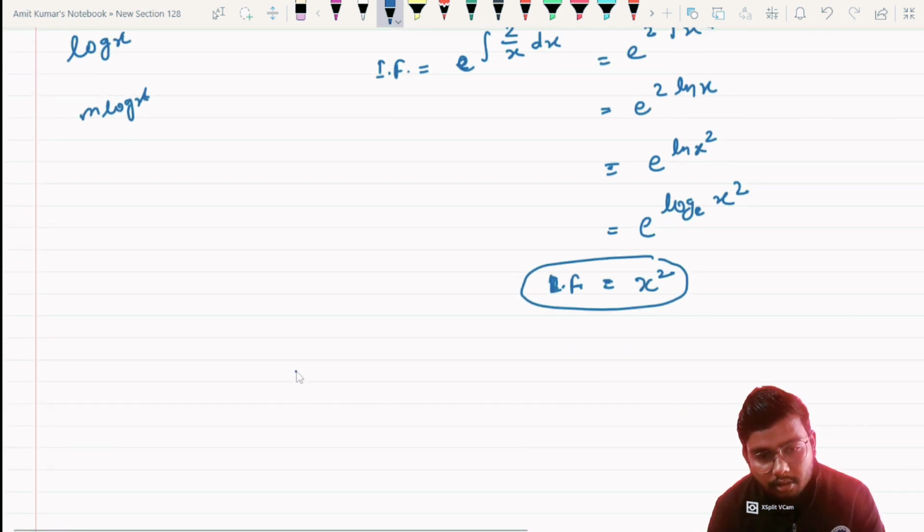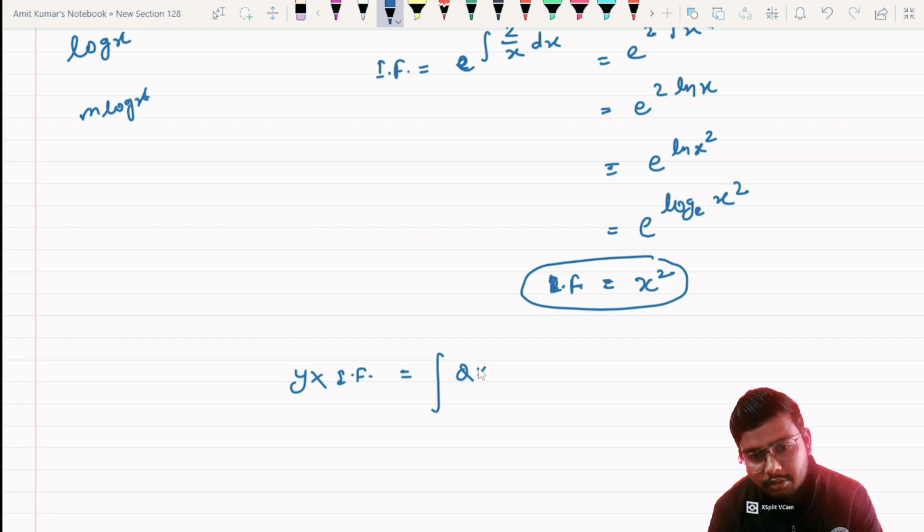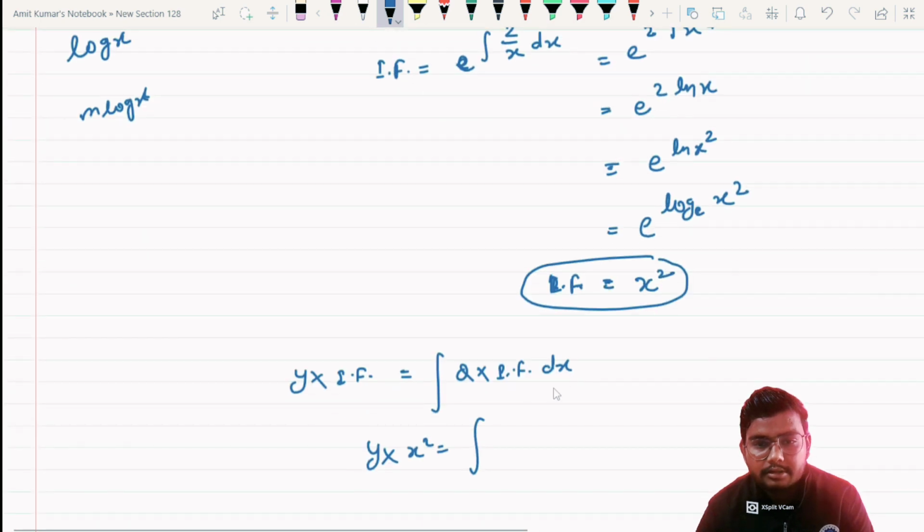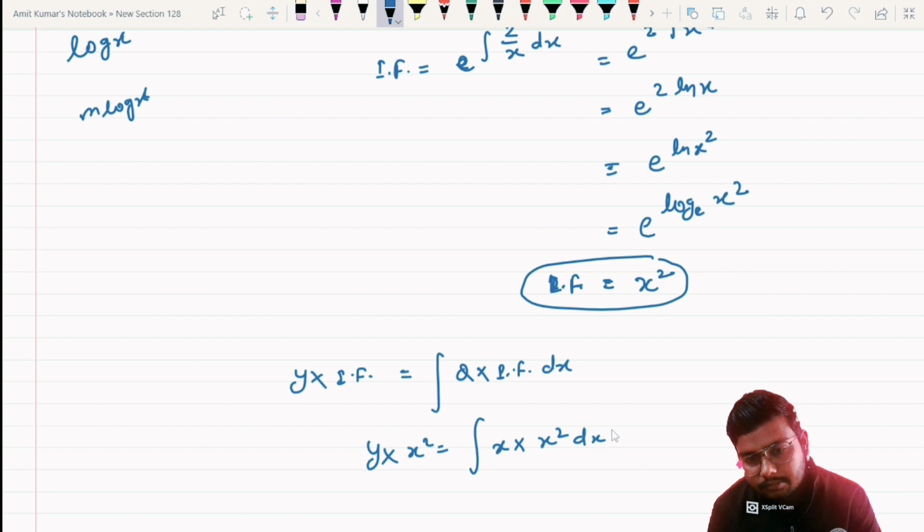Now we write, if you remember, y into integrating factor equal to integral of q into integrating factor dx. The integrating factor here is x square, so you write x square. What is q here? It is x, so x into x square, then dx.